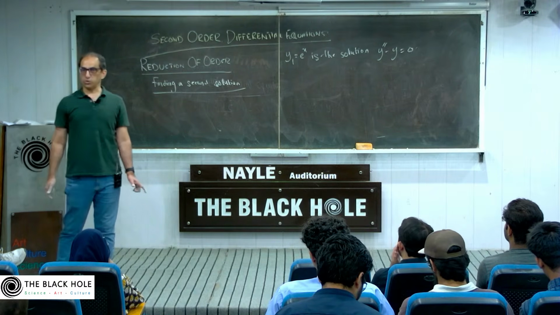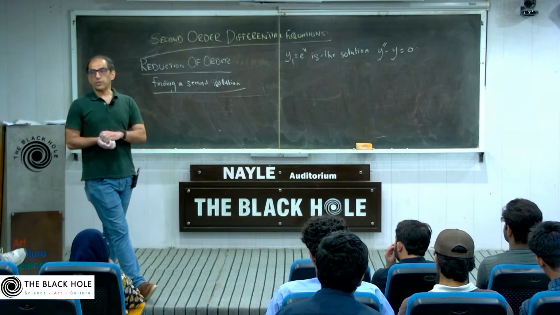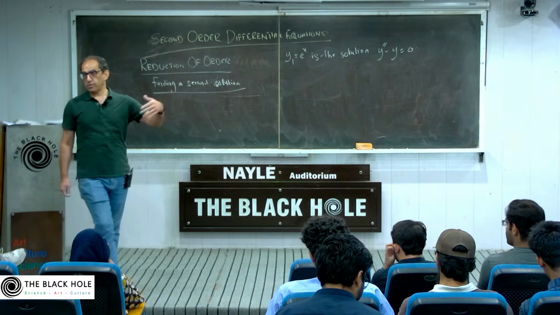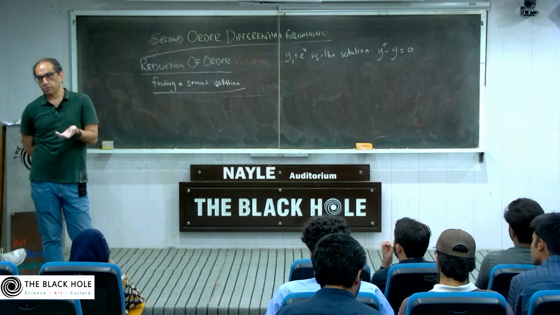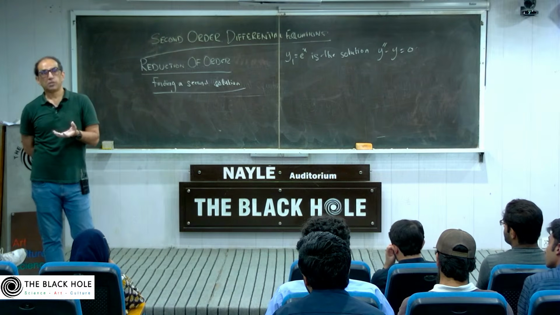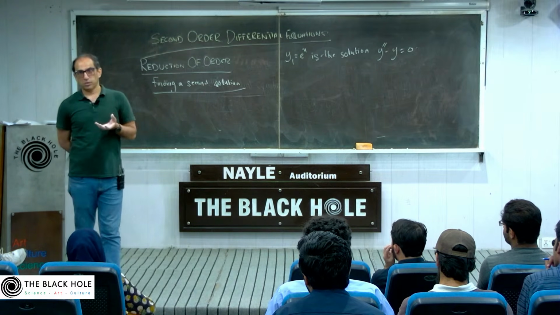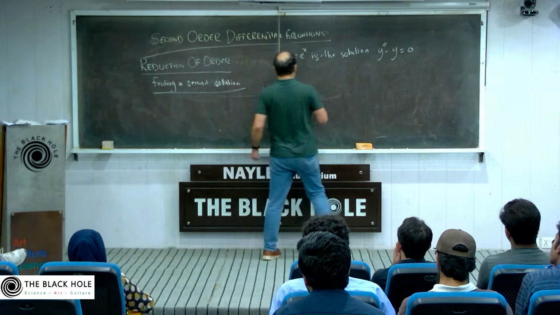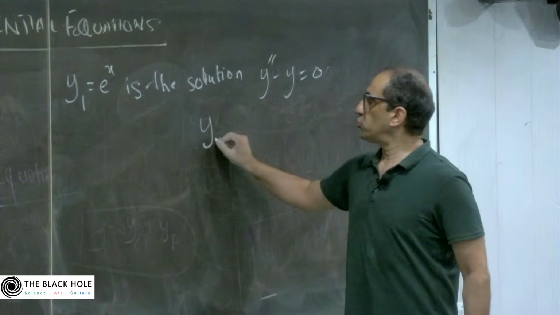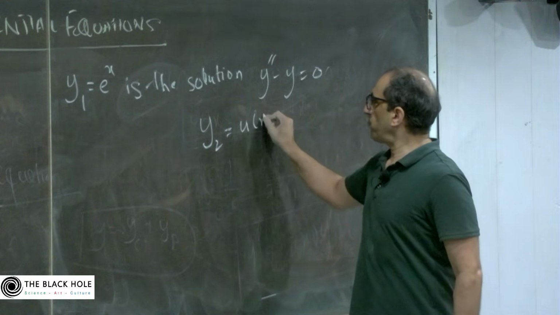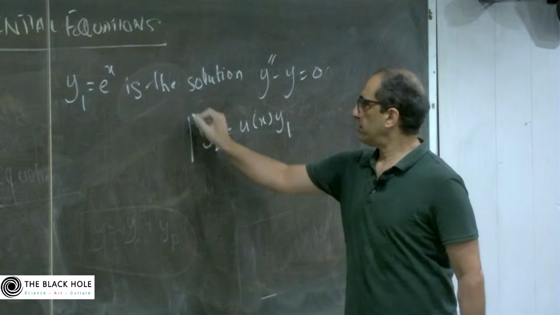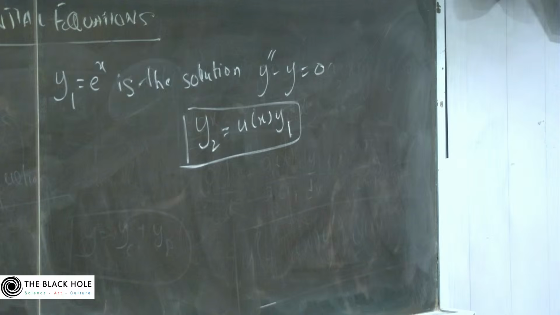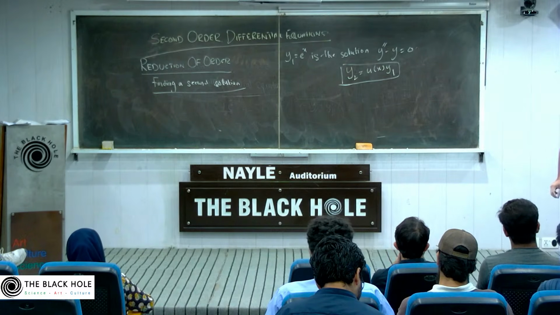Already you know one solution, and if I multiply the solution with itself, it will give you a linearly dependent solution. For a second order differential equation, a second solution ought to be linearly independent, and for that, as we did earlier, y2 should be u of x y1, and this ensures that whichever solution you find will be linearly independent.